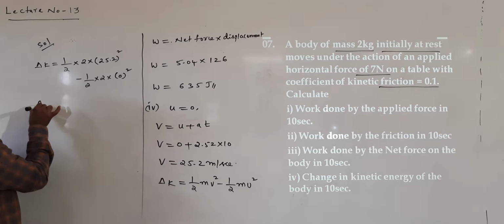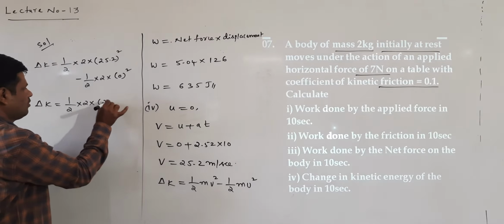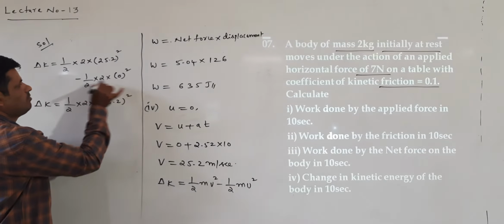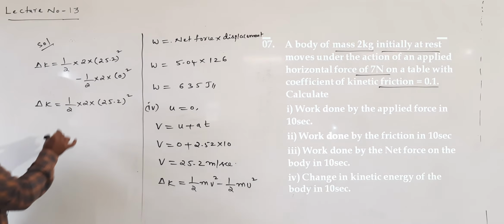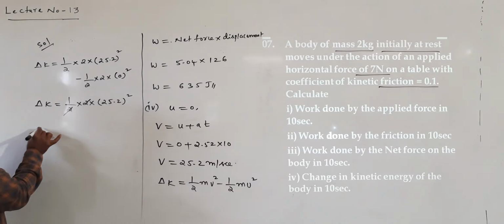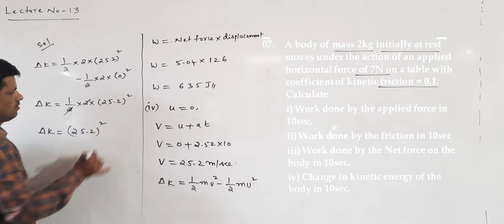Delta K is equal to half into 2 into 25.2 whole square. That term becomes 0, since 0 square is 0 and 0 into something is 0. Now the 2 cancels, and delta K is equal to 25.2 whole square.